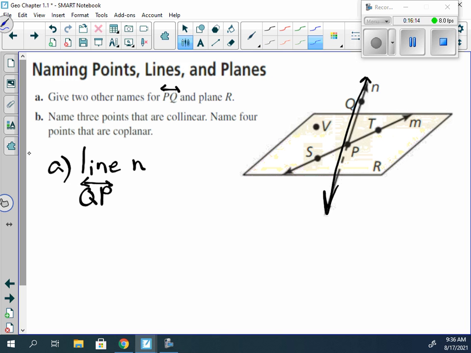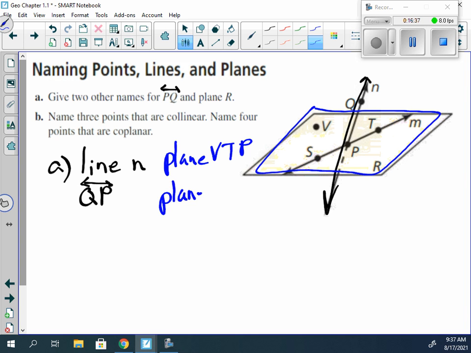Okay, well, we also need 2 more names for plane R. So, plane what? Almost, yeah, well, V is a point. So we need 3 letters. Plane TP.